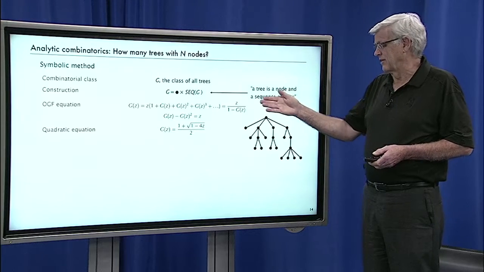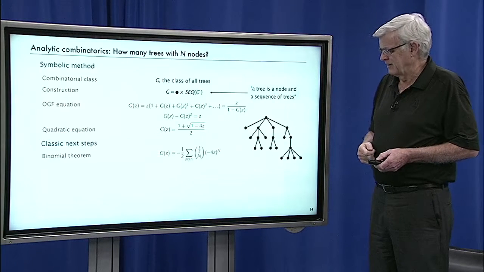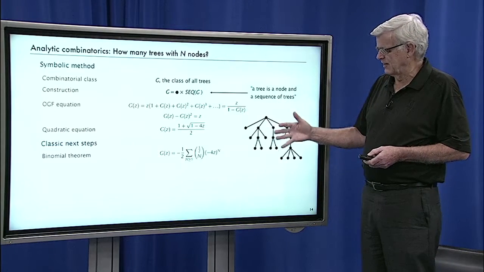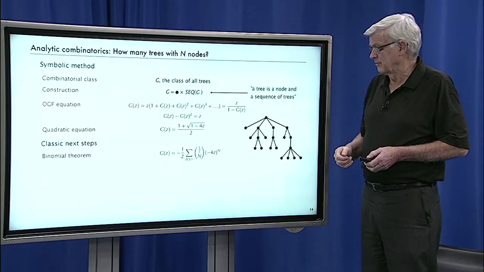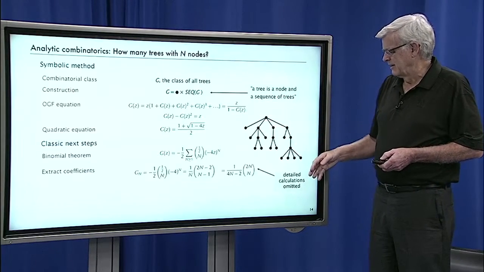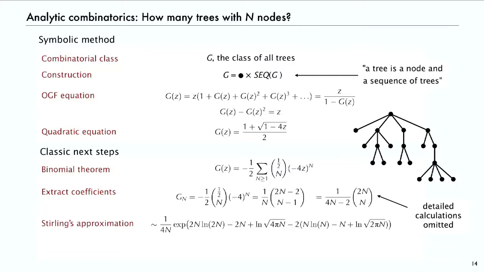Now we can solve this one in particular using the quadratic equation. In classic analysis, the next steps are to use the binomial theorem to expand that, which is extracting the coefficients, and then with a little bit of algebra, we can get down to the result that g of n equals 1 over n plus 1 times 2n choose n.